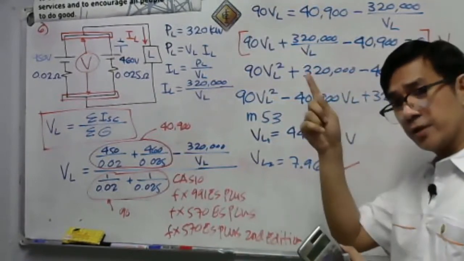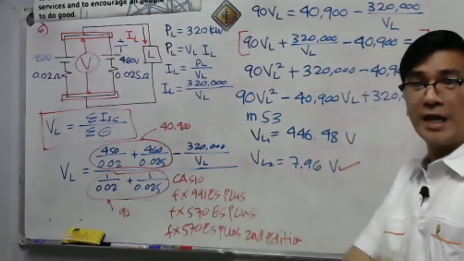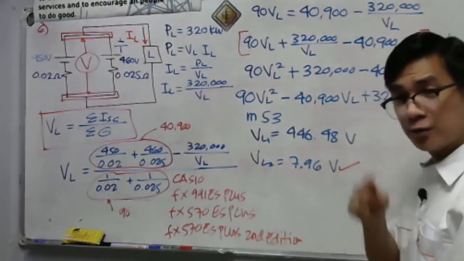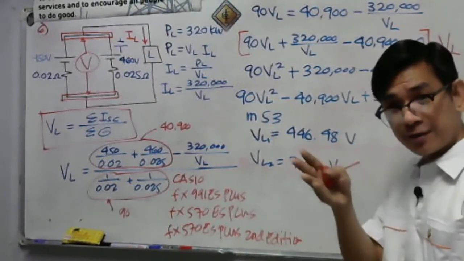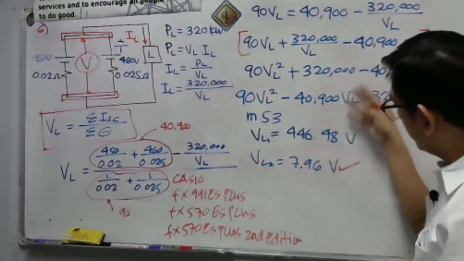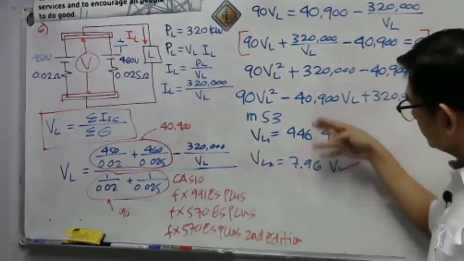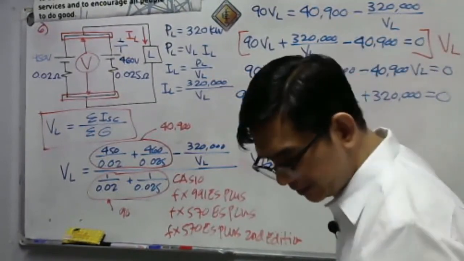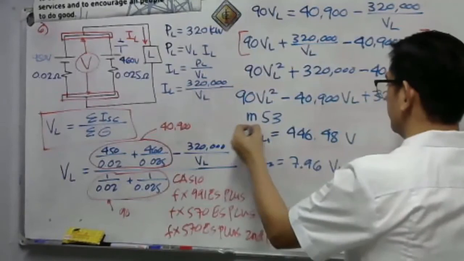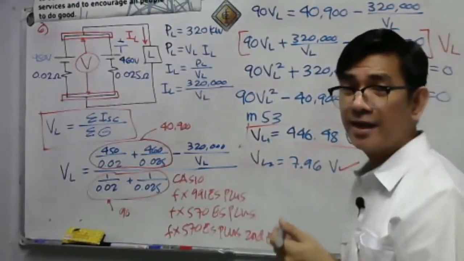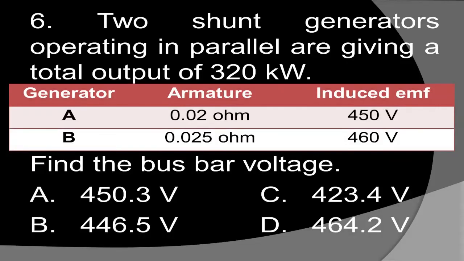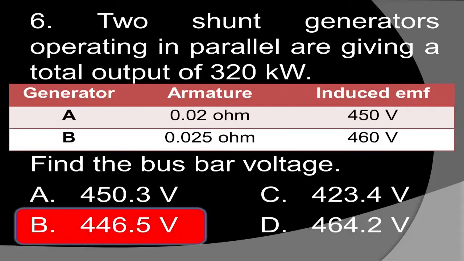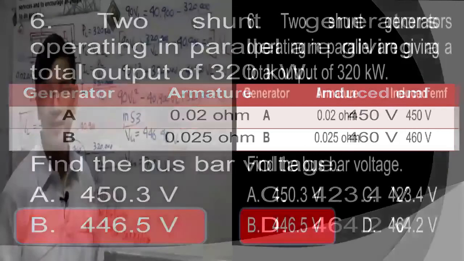So, it is squared, so it must give two roots. Remember that. So, as we see here, we have 446.48. So, the answer would be the one nearest to the choices. Okay, that's correct: 446.5, 446.48.